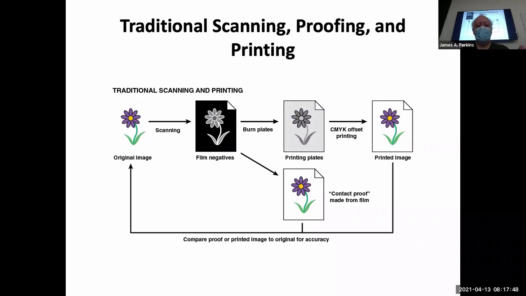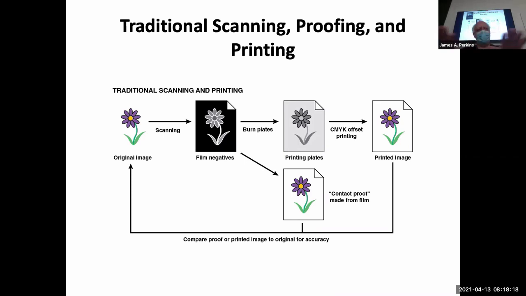You could take these 4 pieces of film, 1 for each of the 4 printing plates, and essentially, through a photographic process, make a print. I don't know how much detail I want to get into, but you'd start with a blank piece of glossy white paper. They had this thin film that came in the 4 colors of the ink.